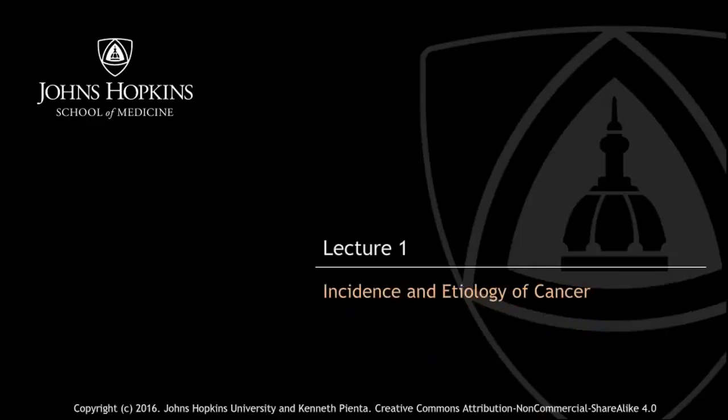This first lecture is going to be on the incidence and etiology of cancer. At the end of this module, you will be able to define cancer, understand where cancer starts, identify the most common types of cancer, and identify the risk factors for the common types of cancer.